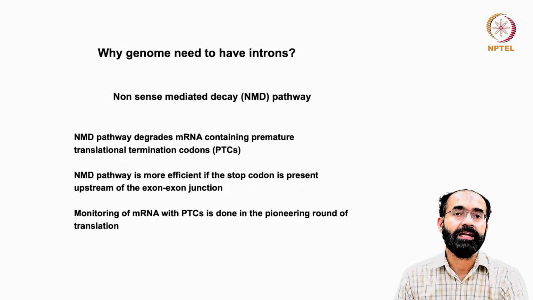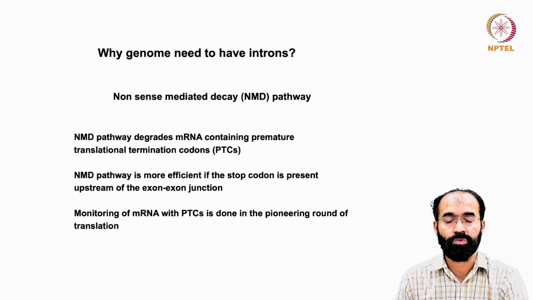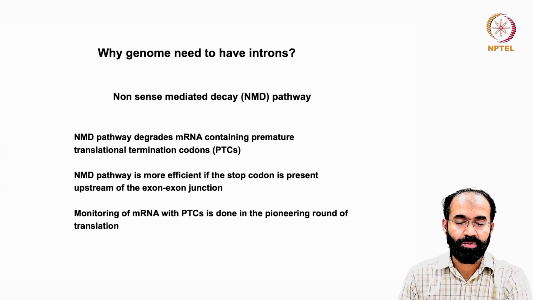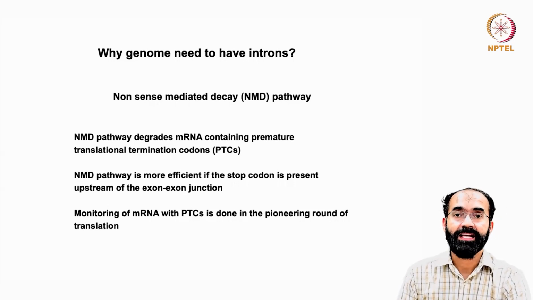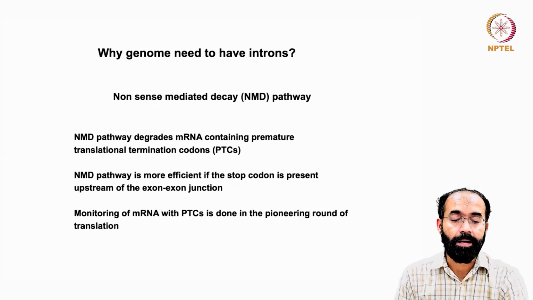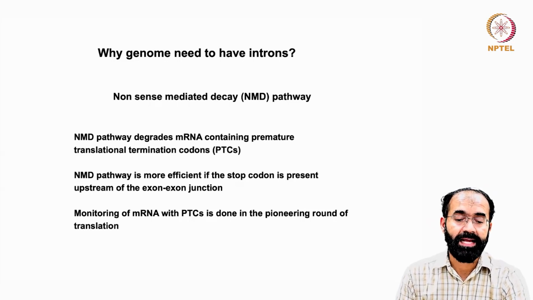It has 2 exon-exon junctions: one between exon 1 and exon 2, and the second between exon 2 and exon 3. So in the mature mRNA, some identity should be there to show where the exon boundary was. Here the NMD pathway efficiently works if the stop codon is present upstream of the exon junction. Keep this in mind. How does it work?